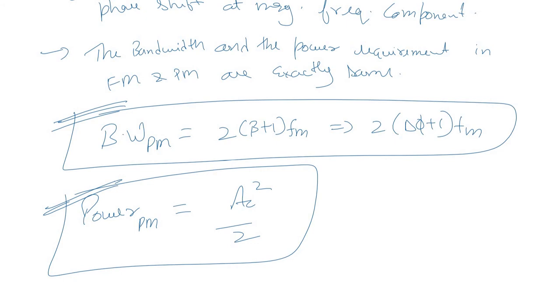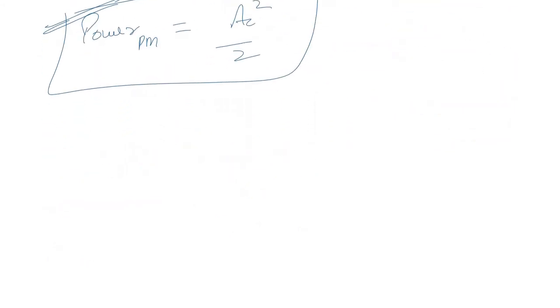Let us now do a numerical problem based on this. We are given a phase modulated signal. The expression is given as 10 cos 2 pi into 10 to the power 6t plus 6 sine 6 pi into 10 to the power 3t.